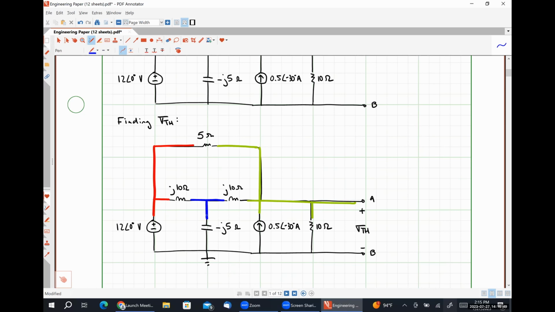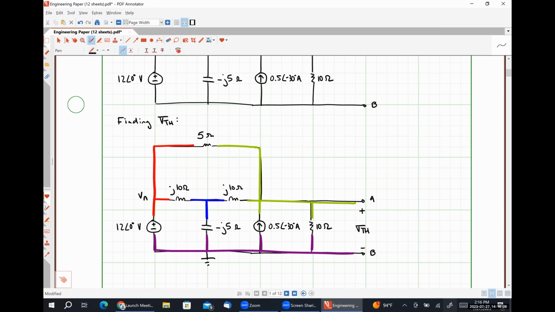We have a node here in the middle. And lastly, we have a node here on the bottom. Okay. So it looks to me like I have 3 nodal voltages to determine.